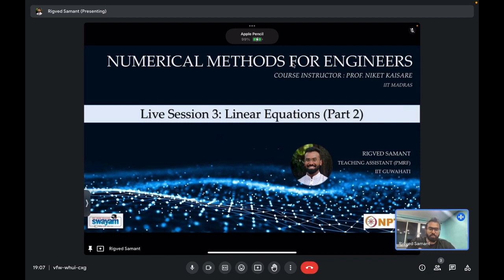People who have missed the first two sessions can go to the YouTube link provided in your Swayam portal. If you go to your Swayam portal, on the left hand side, at the last there would be a tab called Problem Solving Session. If you go inside, there would be a link, and if you open that link, you will get a spreadsheet.